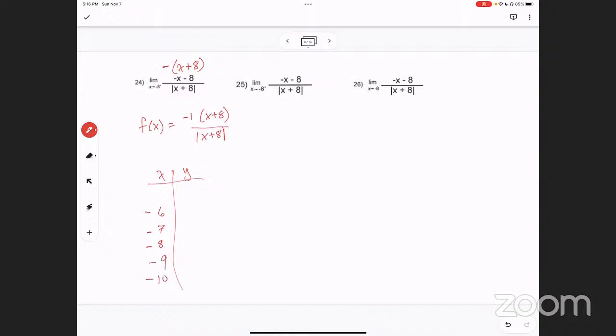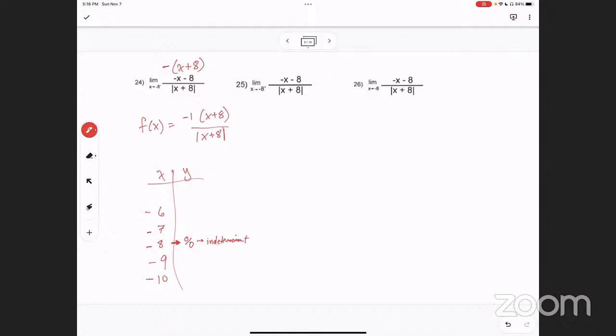Well, first of all, when I plug in -8, what am I going to get? 0 over 0, which means it's indeterminate. That's what that means. It means I don't know what's happening there.